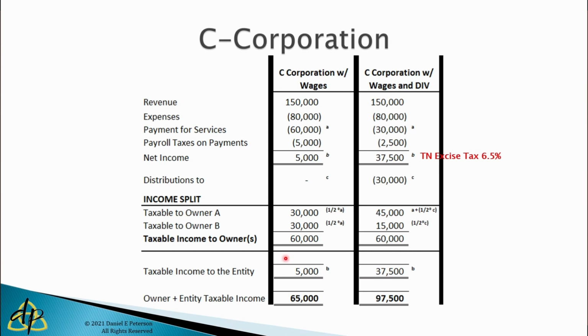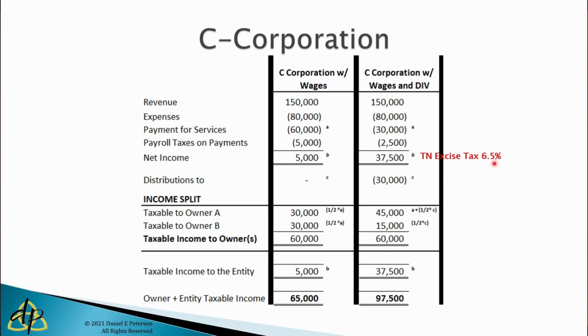In our investing partner and working partner scenario, we have wages paid out to the working partner, payroll taxes, and so $37,500 of net income is subjected to 21% federal income tax and 6.5% excise tax for a combined rate of 27.5%.